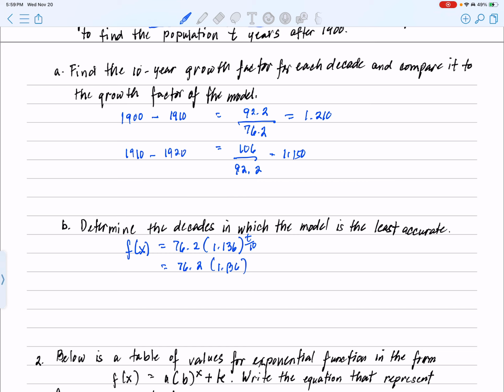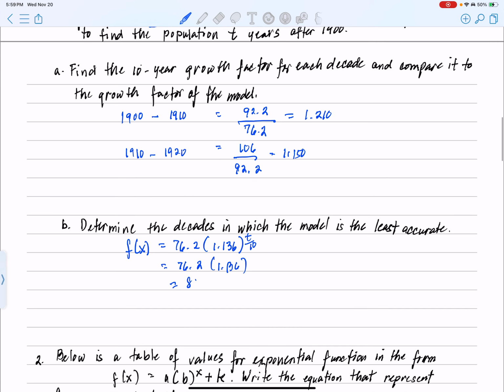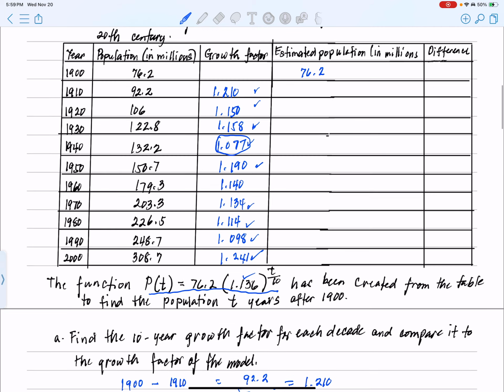Okay, so that means it's equal to 86.56, which we just rounded off, or approximately 86.6. And that is how we got the next estimated population.